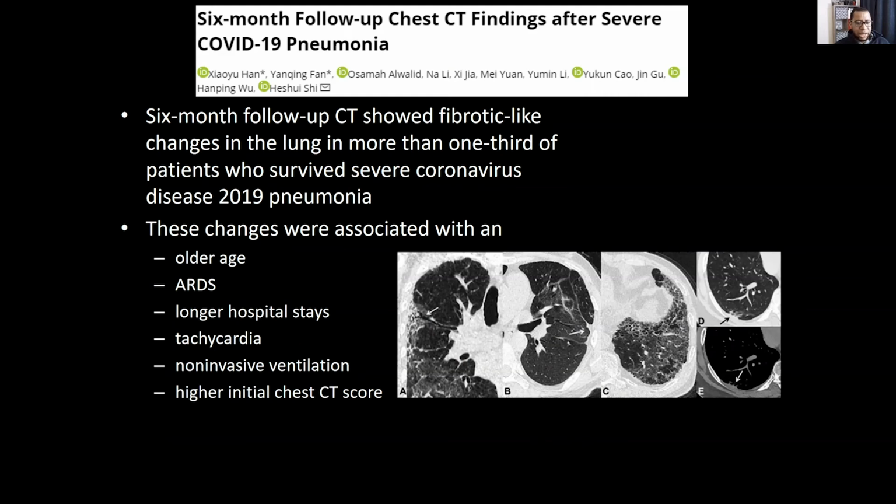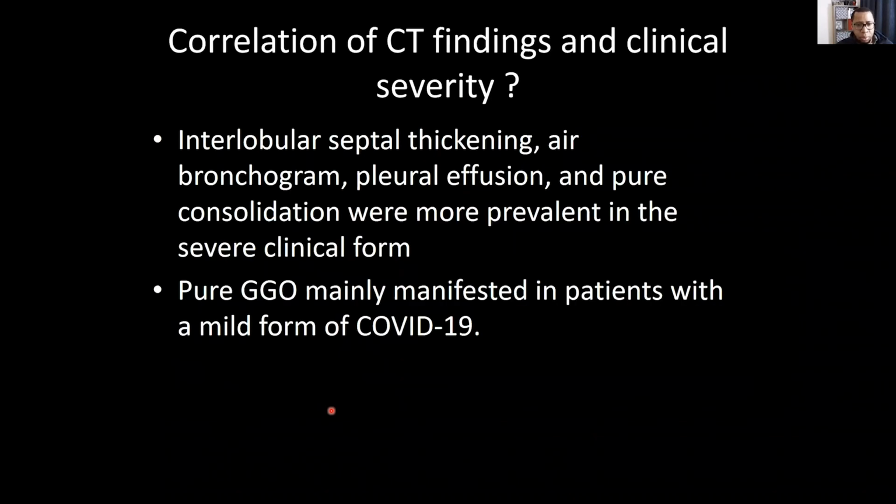And in this study, the changes were associated with an older age, having ARDS, acute respiratory distress syndrome, longer hospital stays, tachycardia, who had non-invasive mechanical ventilation, and who had a higher initial chest CT score. So they came up with chest CT scores based on the extent of the involvement of the lungs.